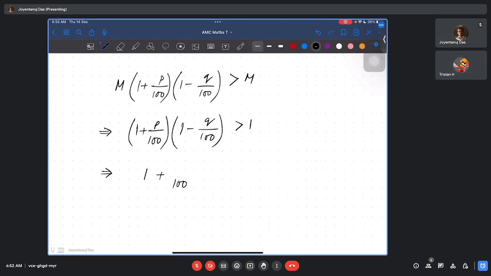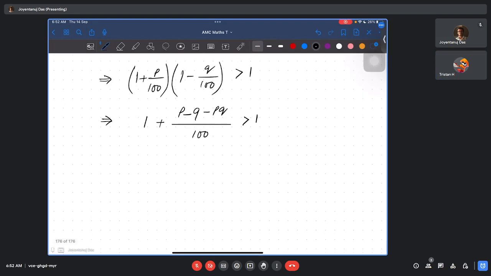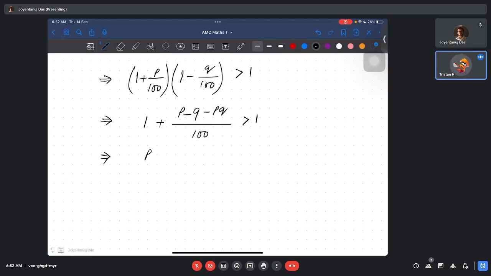So just put it all on one fraction. And then you can cancel out the ones and multiply the whole equation by 100 to get P minus Q minus PQ is larger than 0. Right.